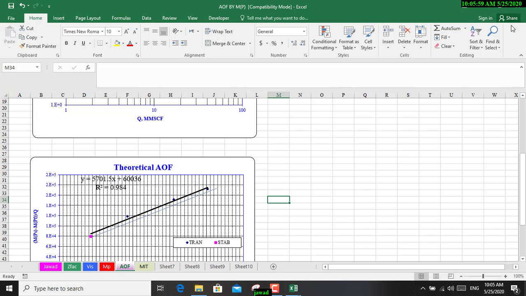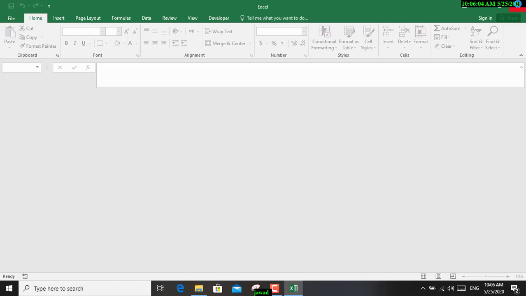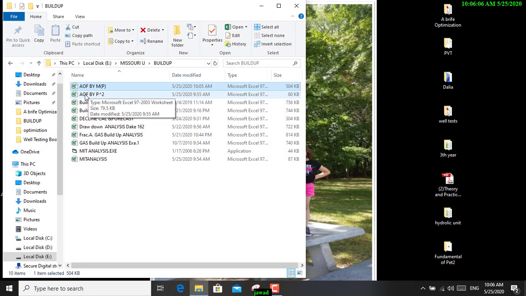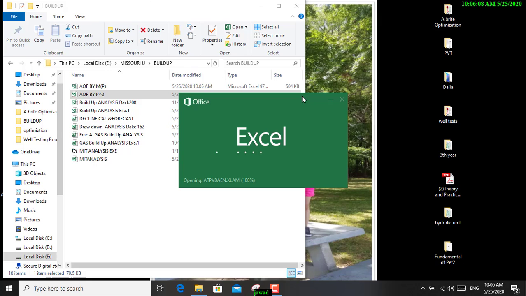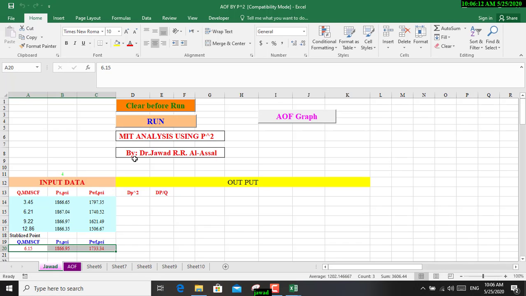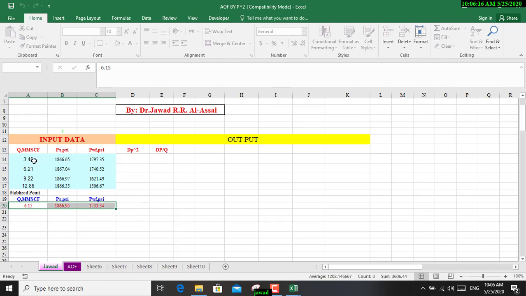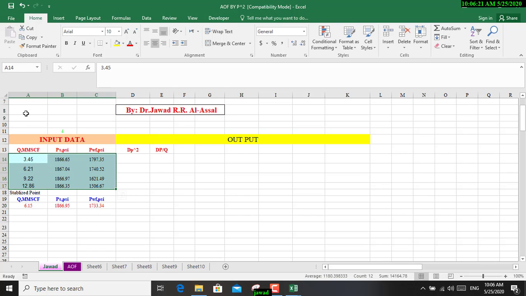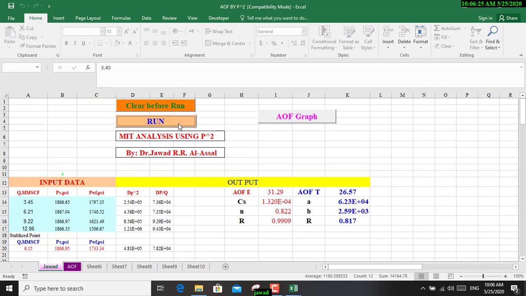I can also use it in terms of P squared. Here, in terms of P squared, click. I have this point here, input data. I don't need the gravity or the temperature, and then just run.